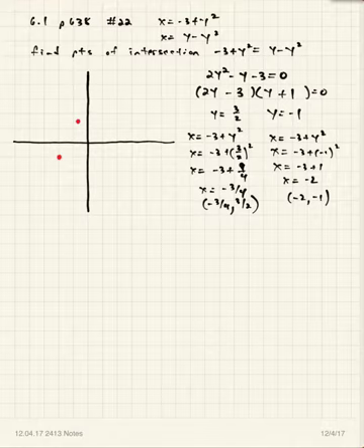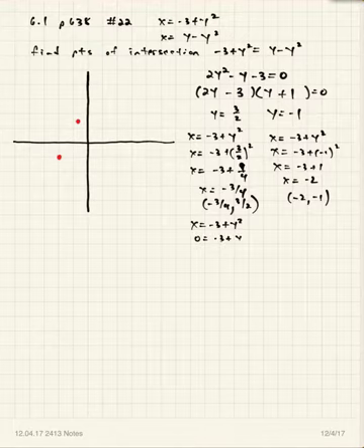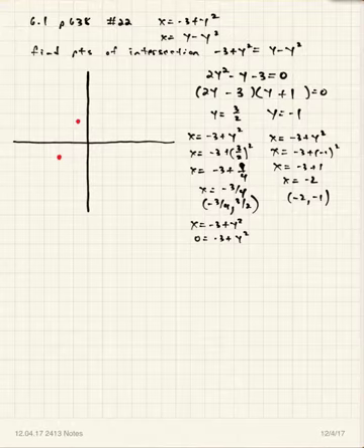If you want to get some sense of how this is going to work, you could take the first equation, x = -3 + y². You could substitute 0 in place of x. So you get 0 = -3 + y², so y² = 3, or y equals plus or minus the square root of 3.